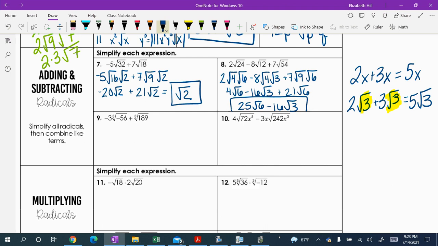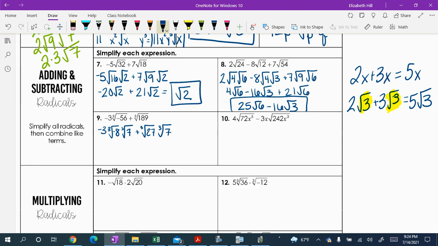Same thing if you're working with nth roots, cube roots for number 9, or even when you're working with variables at the end here. So with a cube root here, I've got the cube root of negative 56. I can go ahead and take the cube root of negative 8 along with that, so 8 times 7 would give us the 56. And 189, we could do the cube root of 27 and the cube root of 7.